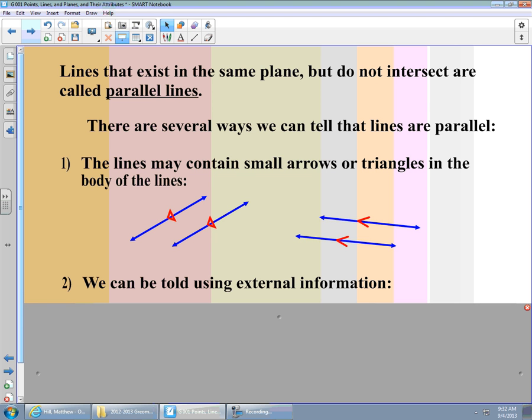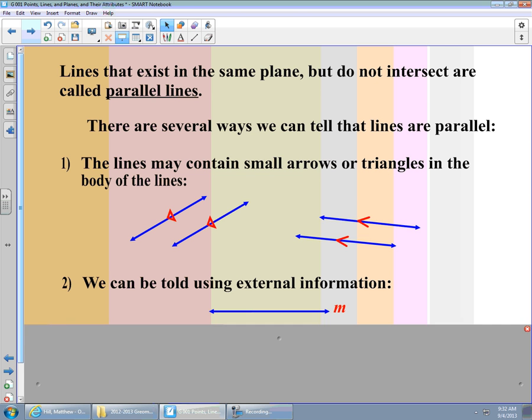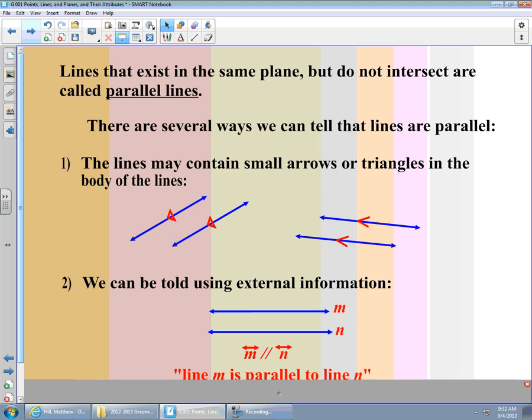Another way that we're going to receive information about parallel lines will be by way of external information, meaning that you may have a diagram, but it may not be marked in the diagram. There might be some extra commentary outside of the problem. In this particular case, we have line M and line N, but they did not mark them in the picture.